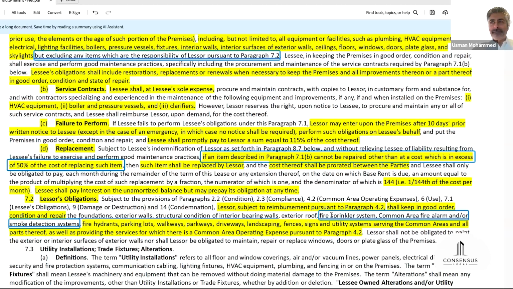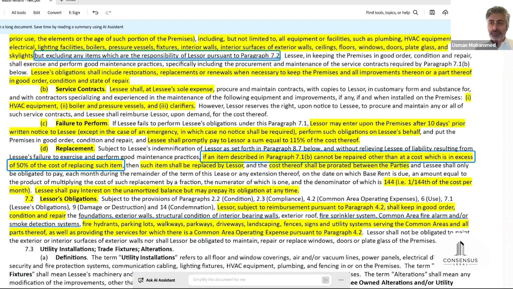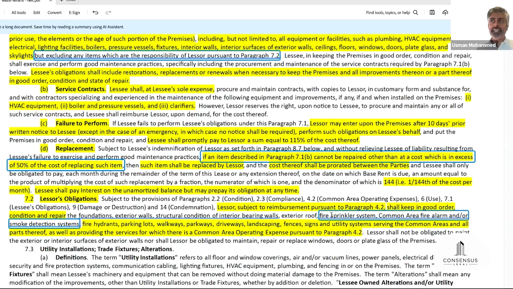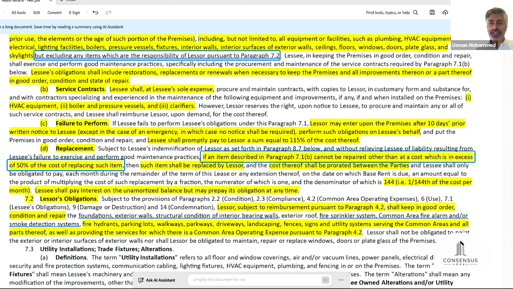So it doesn't use the term fire safety system. I kind of shorthanded it. So here 7.2 doesn't say specifically fire extinguishers. So I would lean toward lessee being responsible. But that's a great question. I think you kind of stumped me on that one, but I think it's lessee.